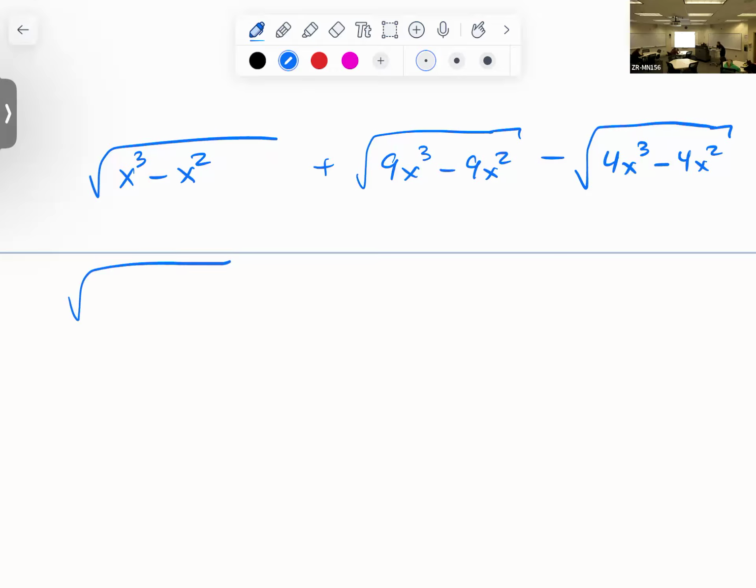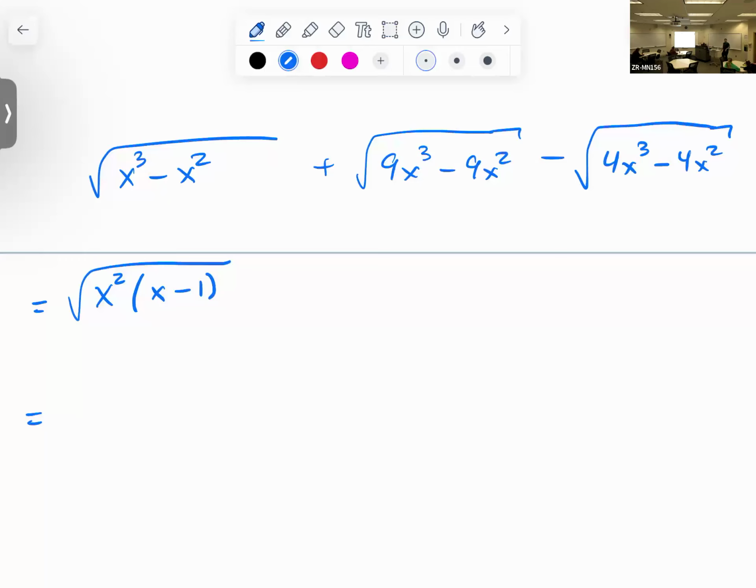Is there anything I can do with x cubed minus x squared? Yes, greatest common factor. The very first step of factoring is greatest common factoring, the one that is the most overlooked. If I pull out x squared, that leaves x minus 1. While we're at it, let's simplify even one more step.